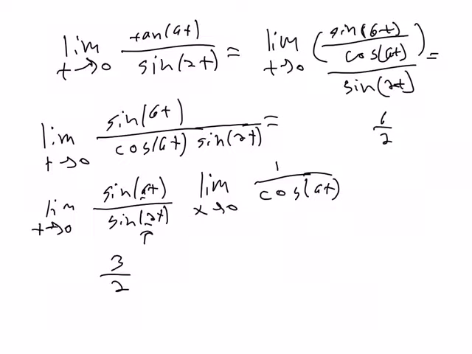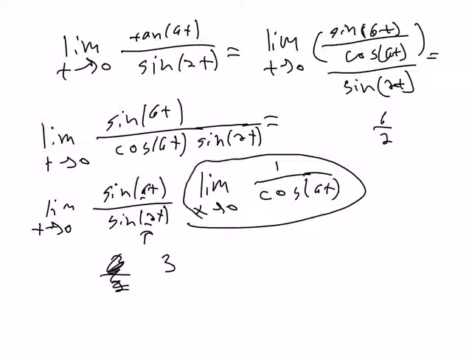So here we just take the 6 and the 2, we get 6 over 2, so the limit over here is 6 over 2, which is 3. And for the limit over here, cosine of 0 is equal to 1, so this is 1 over 1, which equals 1. So the answer is 3.